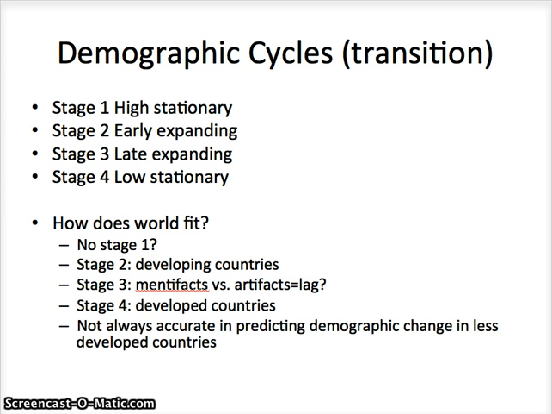It could make a country zoom through stages and develop more quickly, or it could set them back several stages. So it's not completely accurate in all cases, but it is one way to look at development.